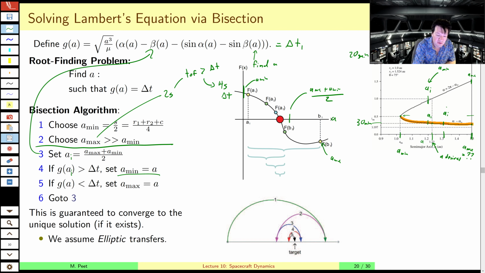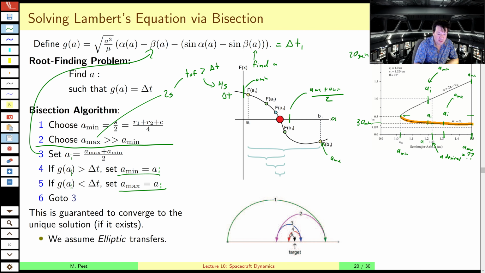And so now this AI becomes your A max. If your calculated time of flight is less than your delta t, you reset the upper bound on your interval to that value of A. And if it's greater than, you set the minimum value.